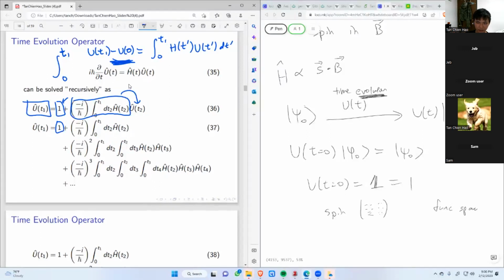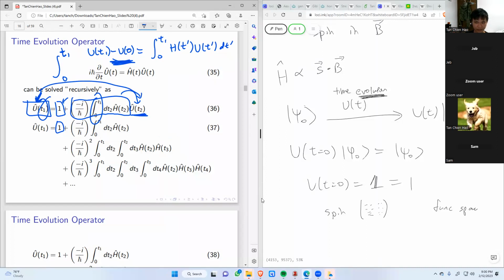So it becomes this double integral, because I'm substituting this left-hand side into this u. This left-hand side is the integral already, so there's one integral here, and then there'll be another integral from this. So it essentially becomes this, and it repeatedly happens until forever actually.